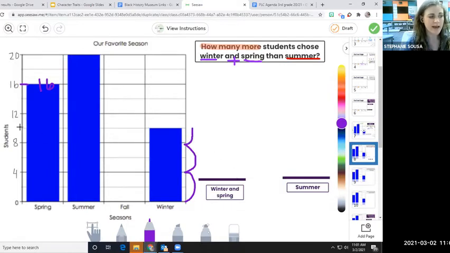So I've got to add half of my scale, which is 2. So this section is 4, this section is 2. So 4 plus 2 is equal to 10. 10 students voted for winter.